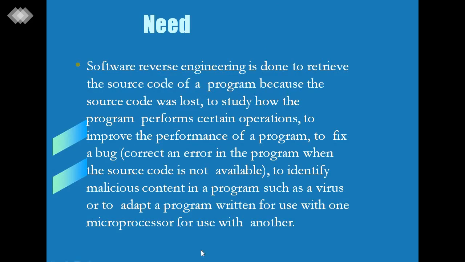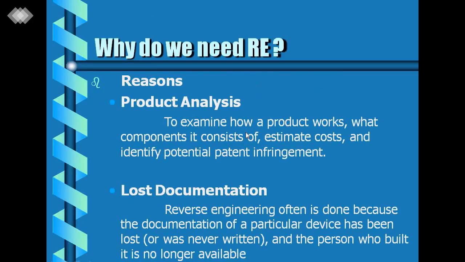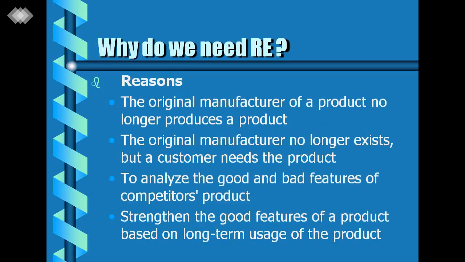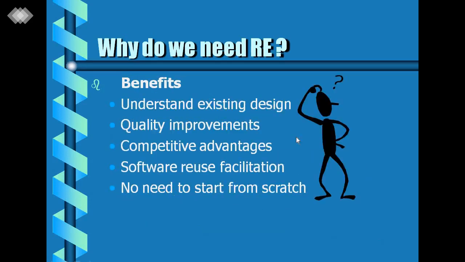To find out all these things, we need software reverse engineering. Then we covered some reasons related to the need, like product analysis, lost documentation, software modernization, and learning. Here are some other reasons we covered related to the need for reverse engineering. We also covered the benefits of reverse engineering.